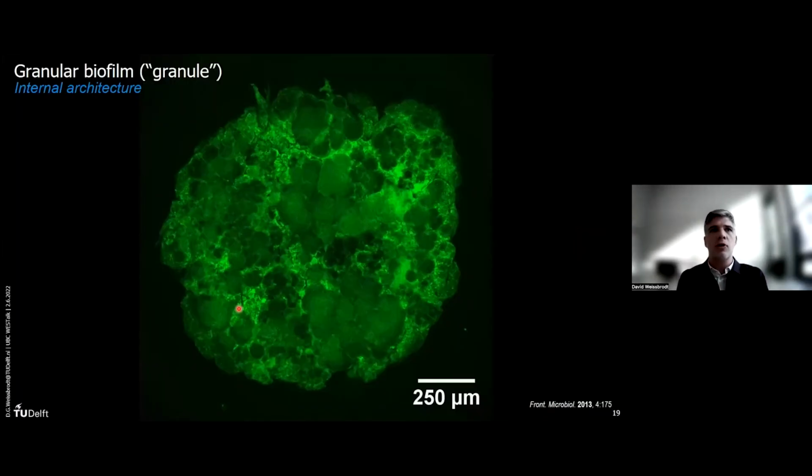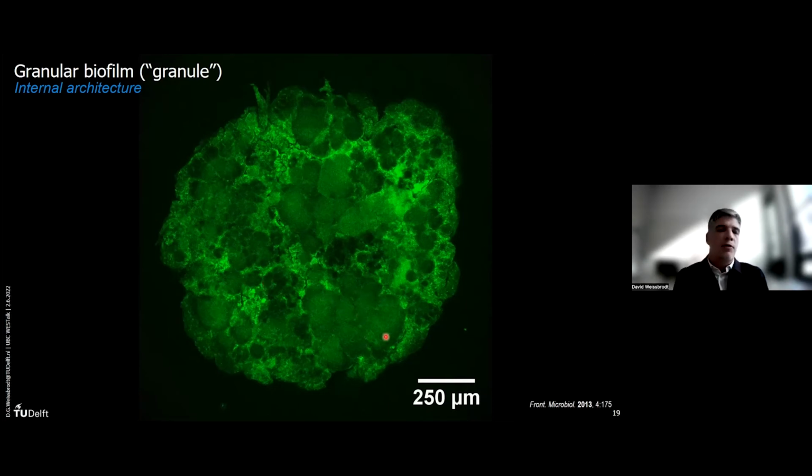If you do confocal laser scanning microscopy, you can see the cross-section of these granules at high resolution. And you see that it's a heterogeneous architecture with some compact clusters, likely microorganisms that assemble in microcolonies that are very compact, and maybe other materials or other microorganisms that are around. There are some channels as well. There will be some diffusion limitation for substrate, but also channeling of substrate across this architecture.